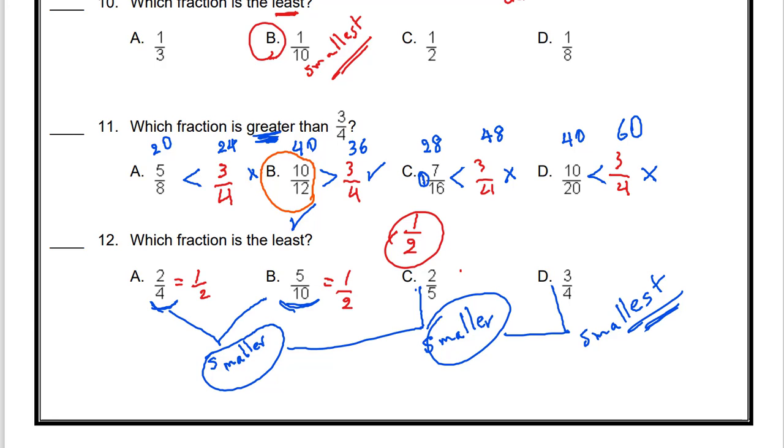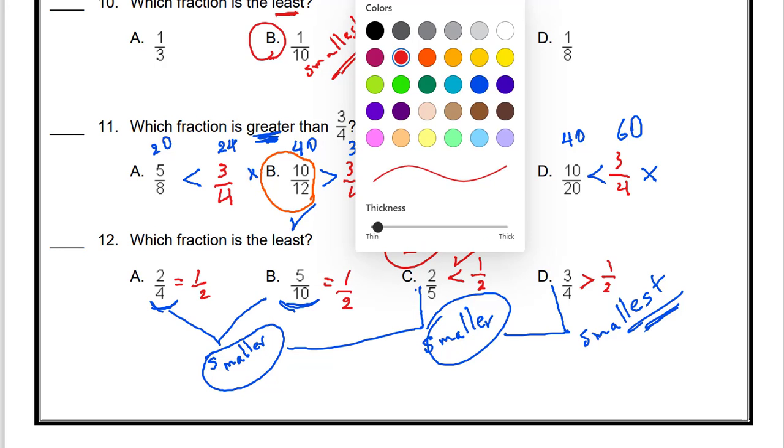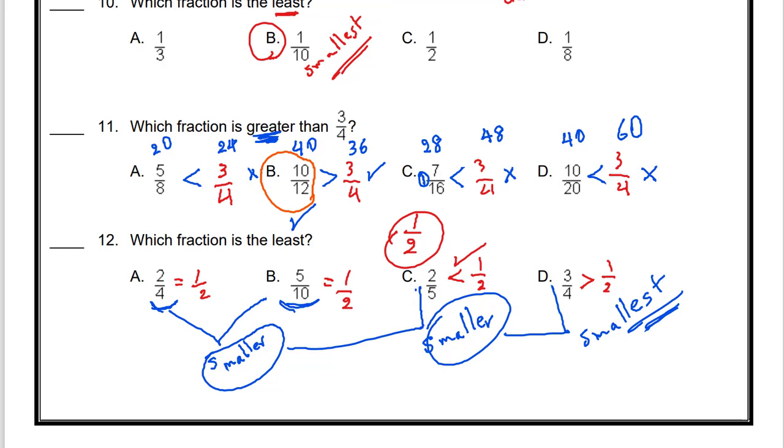And this one is less than half because half of the 5 is more than 2. And this one is greater than half. So this one is the least one. Wow, I like this answer. Muhammad, great work. Thank you, Muhammad.